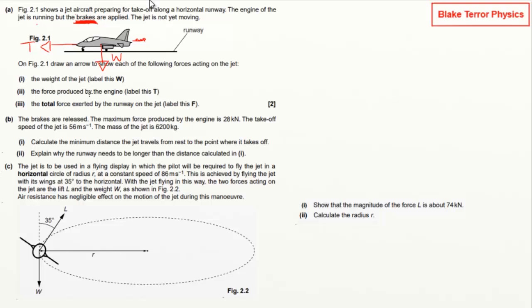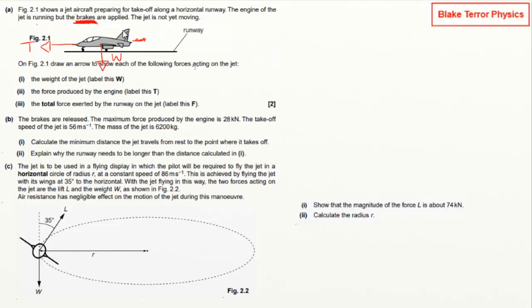It's just an internal setup of the plane, and you can't have an internal force which is going to stop the external motion of an object. So the brakes in themselves don't stop the plane from moving.